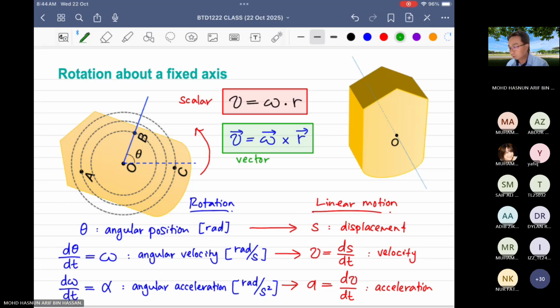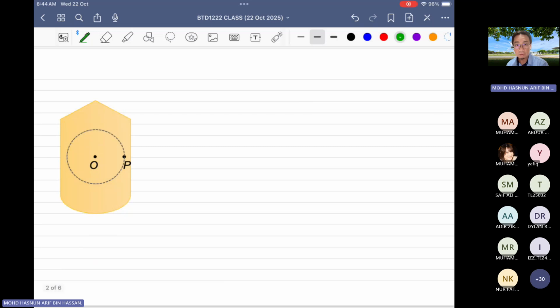Let's look at how the equation V equals omega R was derived.